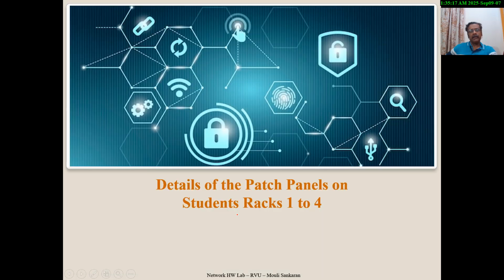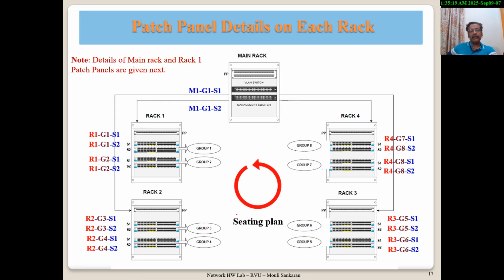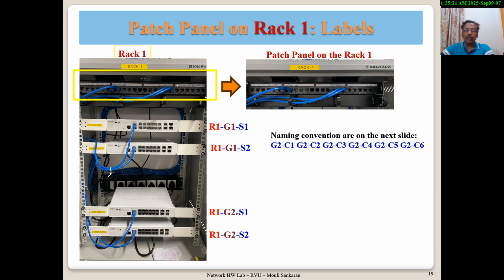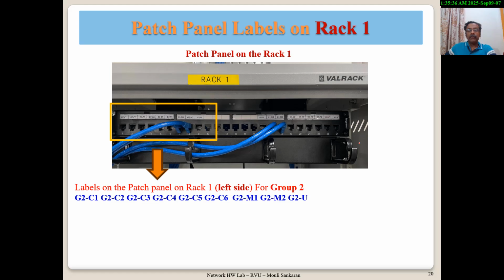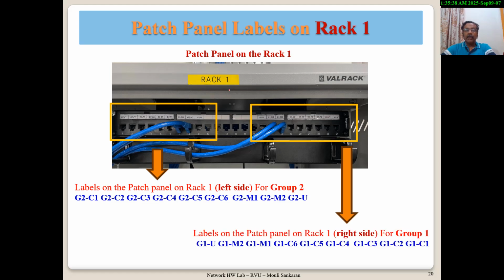Now the naming conventions: this is G1, G2 is group 2. I am talking about rack 1 only. Since you can see the main rack is here, then rack 1 is here.